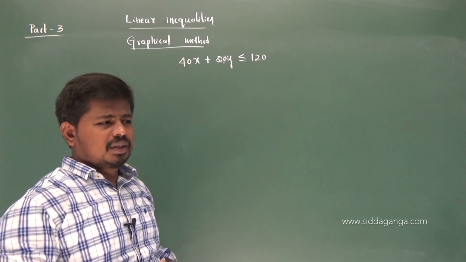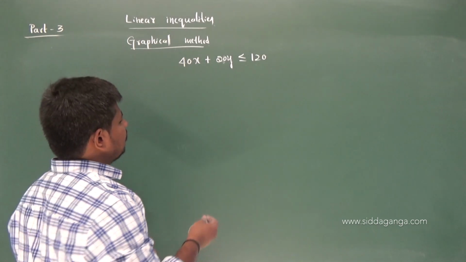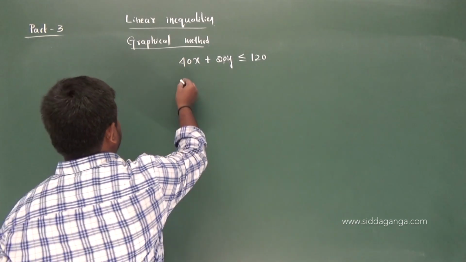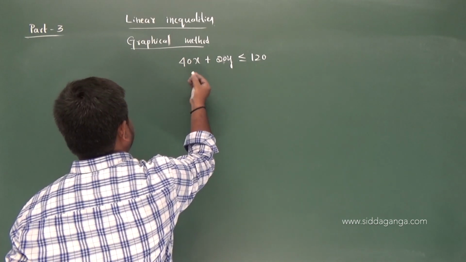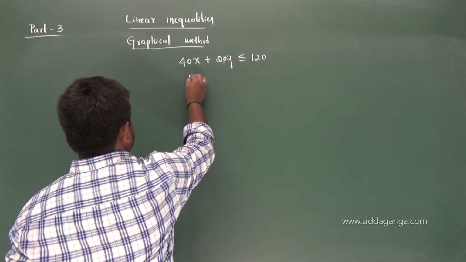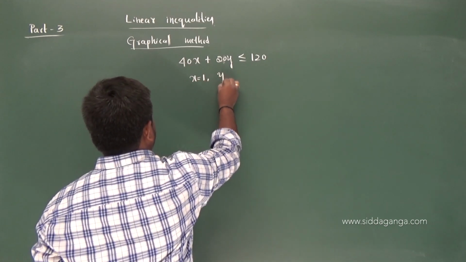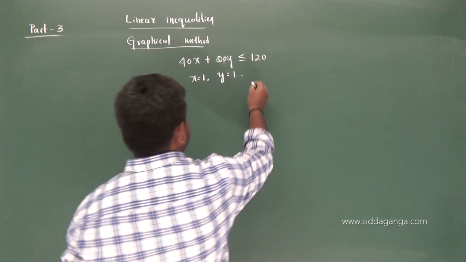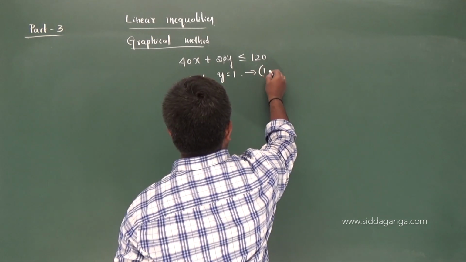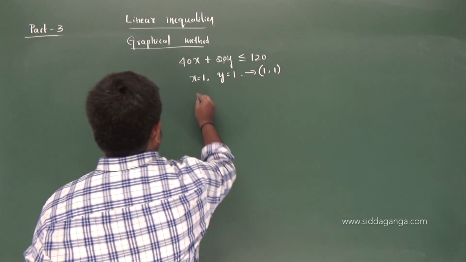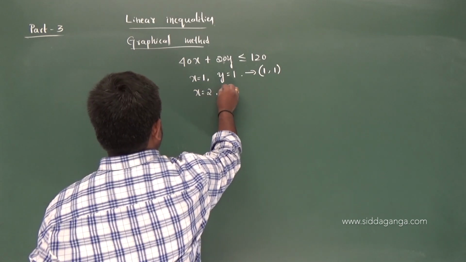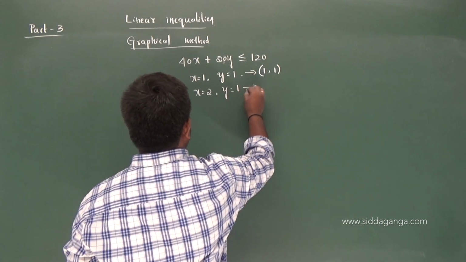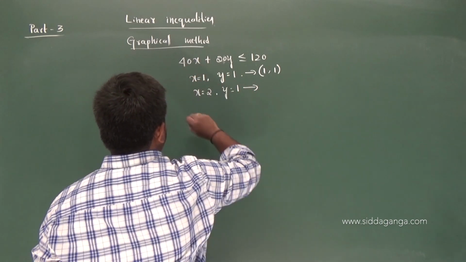First thing, we are asked to find the solution for this. Let us take a single solution for this. A solution might be when x is 1, y is 1. Yes, it is a solution. The solution of this inequality becomes (1, 1). And when x is 2, y is 1, yes, of course, possible: 40 times 2 is 80, plus 20, 100.